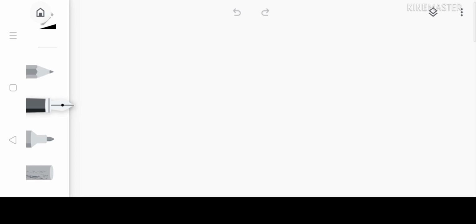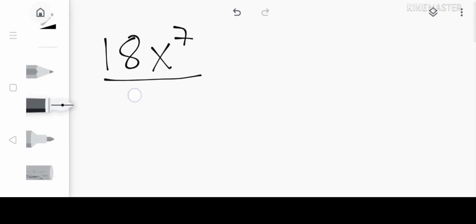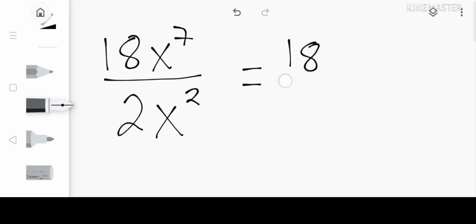Example number 1, divide 18x raised to 7 and 2x squared. So, in dividing monomials, i-divide muna natin ang numerical coefficient. That is 18 and 2.